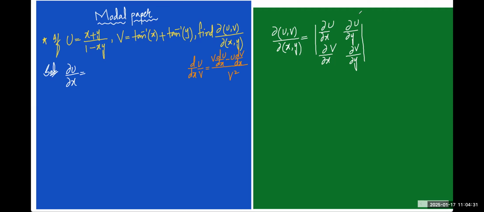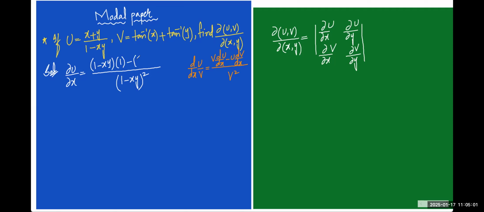The same thing we have to do here. Now look, this is v square, where v is 1 minus xy. Now v will come here: 1 minus xy into the derivative of u. U is x plus y, and the derivative of x plus y with respect to x becomes 1.